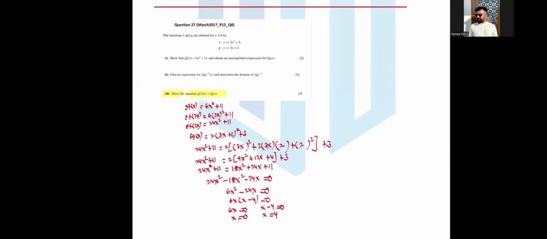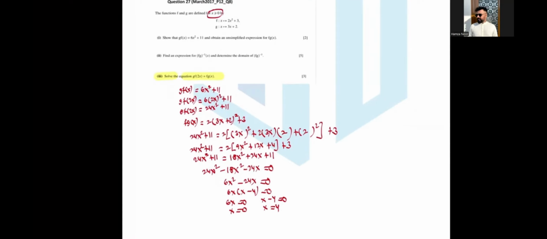So in conclusion, both of the functions f(x) and g(x) have the restriction x is greater than or equal to 0. So we just need to see if our answers are according to this domain of the inner function. Yes, both of the answers are according to this domain. So x is equal to 0 and x is equal to 4, both are acceptable. Both are your answers.